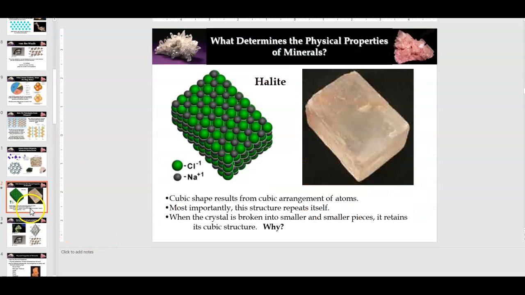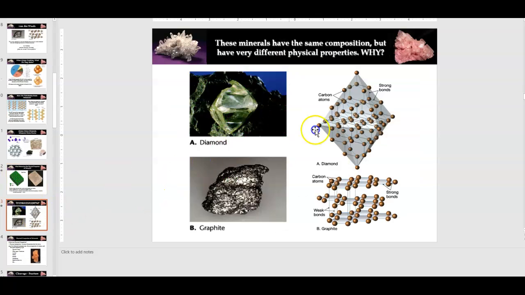Okay, so here is an example of halite, where, because of the way it bonds, it always wants to bond in a cubic fashion. So if you look at your salt, it will always be in a cube. Some other minerals will form more in a diamond shape, like a diamond. That's part of the reason why it's called that, right?